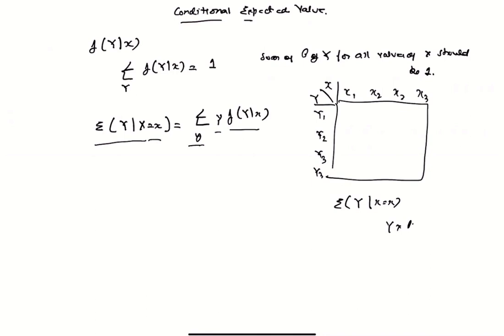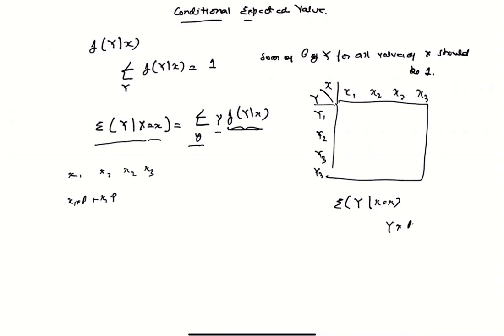Because the expected value for a random variable x, when x can take values x1, x2, x3, is x1 times probability of x1 plus x2 times probability of x2, and this is exactly what we are doing here for all values of y.